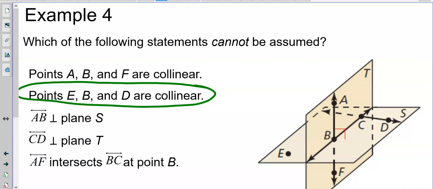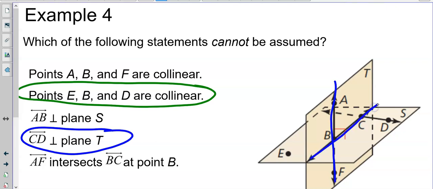Line CD, which is this one right here, is perpendicular to plane T. Well, since we do not see a symbol, we don't know that for sure. And last but not least, AF, which is right here, intersects BC at point B. Well, we can clearly see that, not to mention we have the letter B in both of those. All right? And that is it.